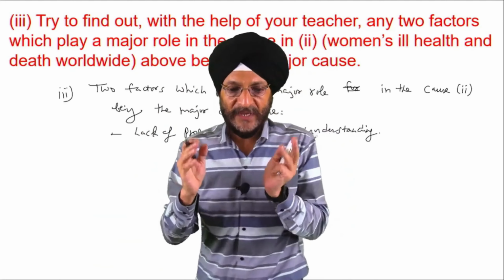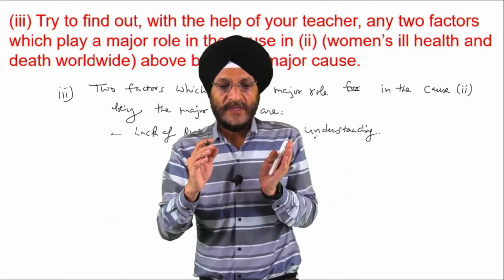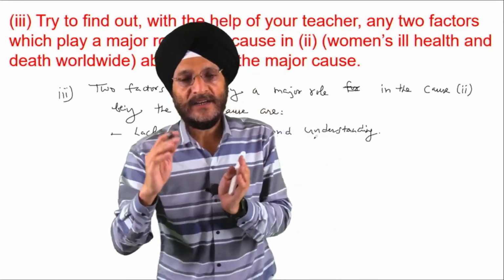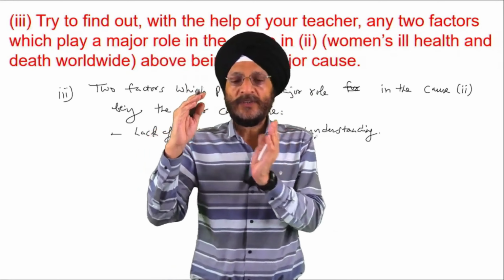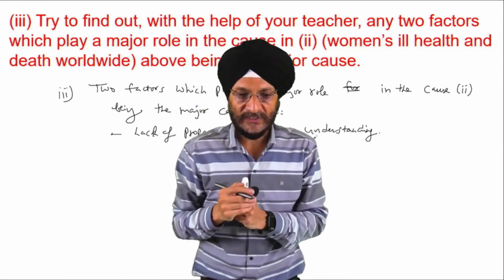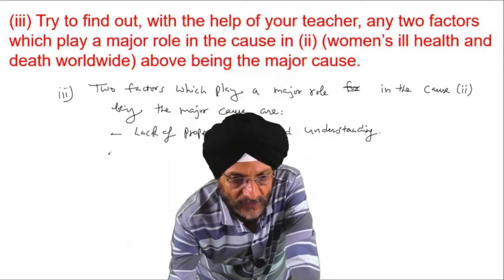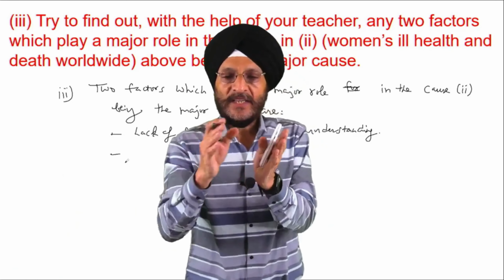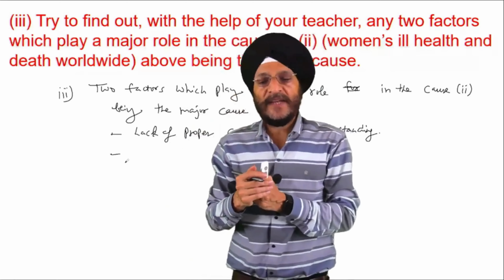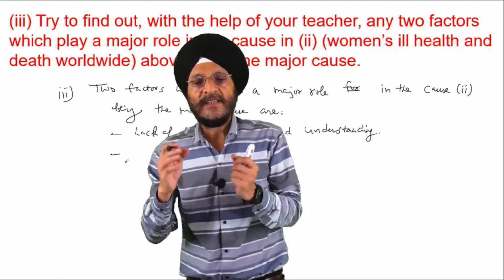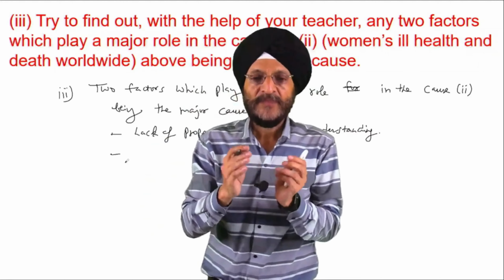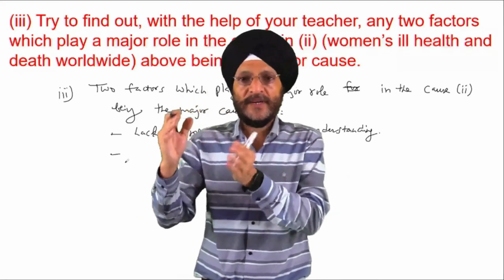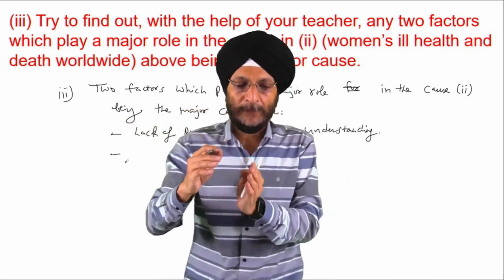So this is the main reason that the woman's ill health and death is occurring on the high side due to reproductive health conditions. If we place ourselves in the place of women, we can very well understand that there is a need to take proper care of women and to understand what type of work they are doing.